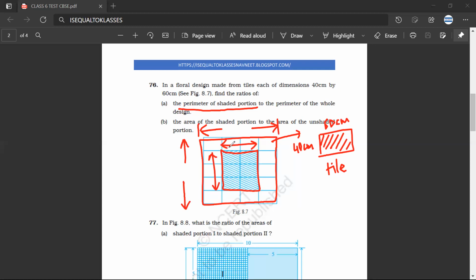Mr. Sarthak, is it correct? Yes, sir. So Mr. Sarthak, what should I write here? So just a second, I'll have to find it. So the full breadth will be 200 centimeters and the length will be 240 centimeters. Mr. Sarthak, any doubt? No, sir.